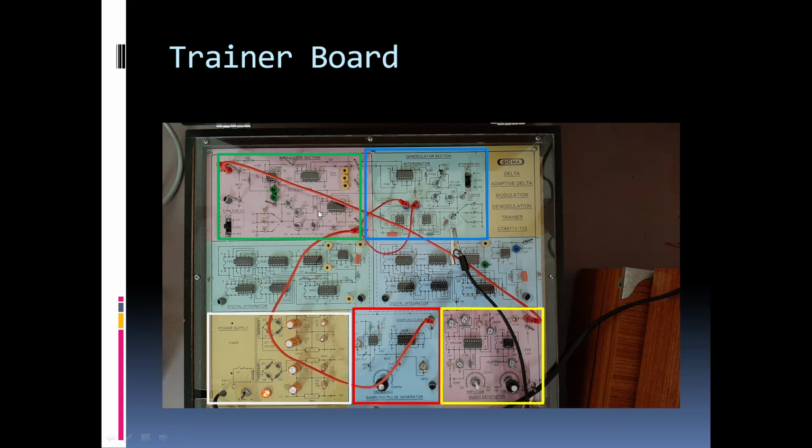The output from the delta modulator section is given to the integrating amplifier section, which will basically generate the low pass demodulated raw data.